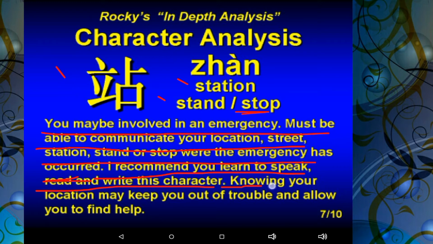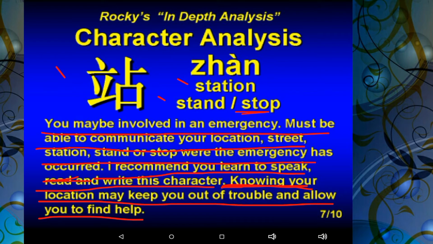This is why I teach holistic learning, because I recommend that you understand these characters. Knowing your location may keep you out of trouble and allow you to find help. You never know. It could save your life.